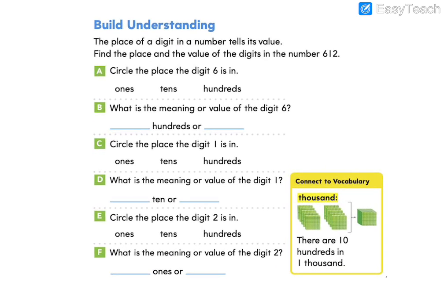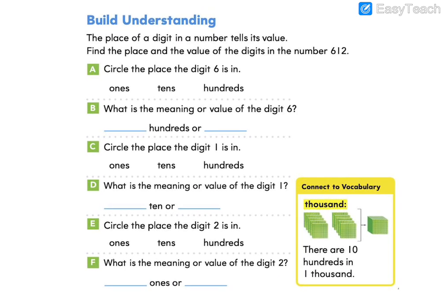And let's look at the build understanding. It tells us the place of a digit in a number tells us its value. Find the place and the value of the digits in the number 612. Well, that might sound a little confusing. I want you to think about when we have a place value chart.